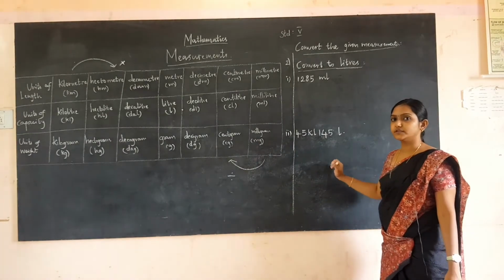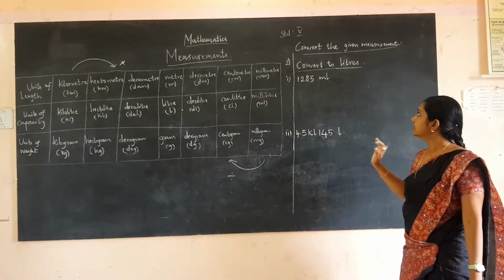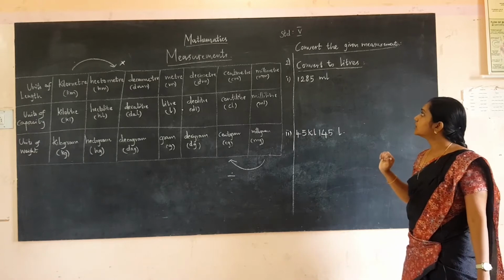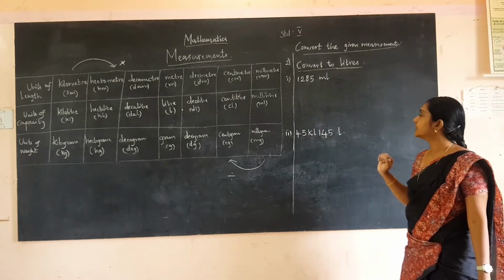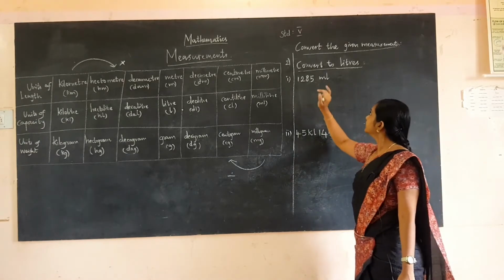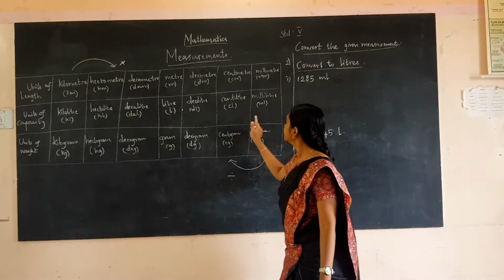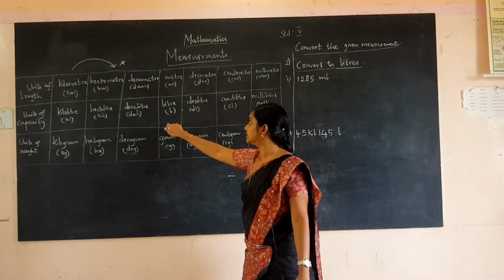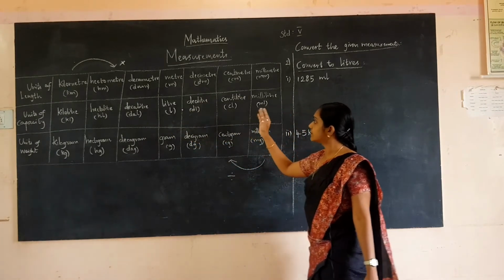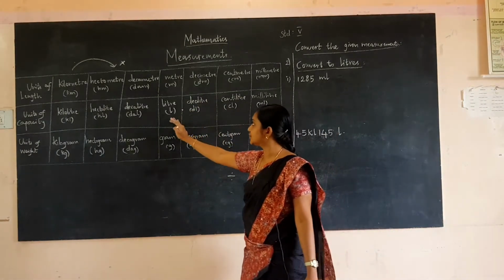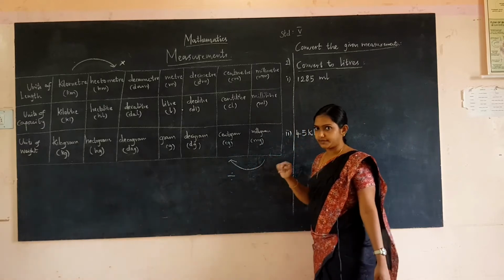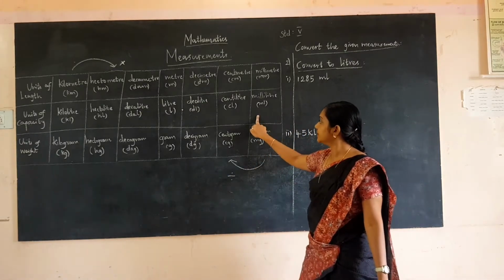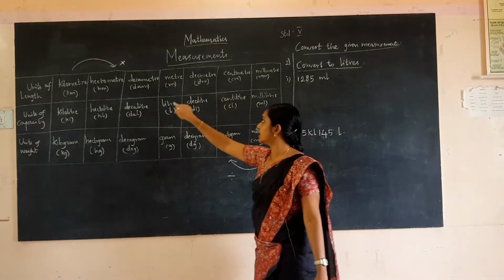Next, we are going to convert the given measurements to liters. The first one is 1285 milliliter. We are going to convert milliliter to liter. Here is the milliliter. So we are converting from smaller unit to larger unit. So we have to divide. Count how many places? 1, 2 and 3.